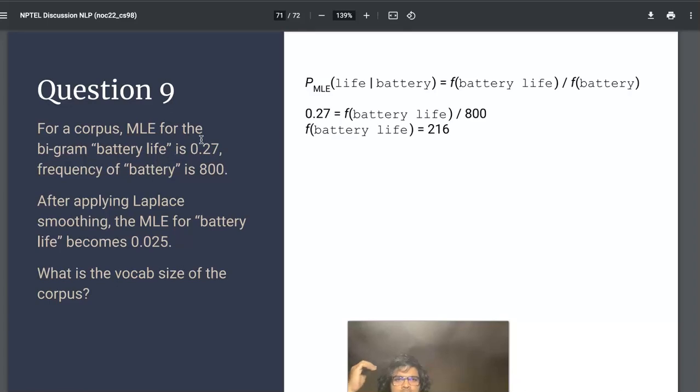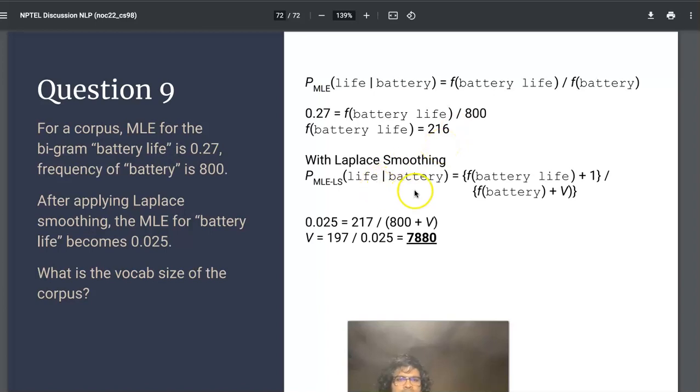The first thing is the probability of the estimation of life given battery, which is a simple thing. You need to check the frequency of battery life, which is 216.